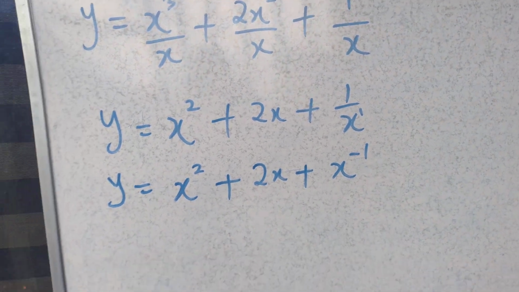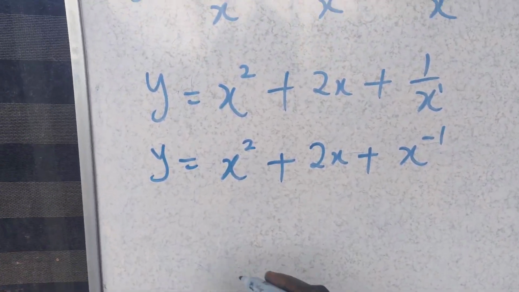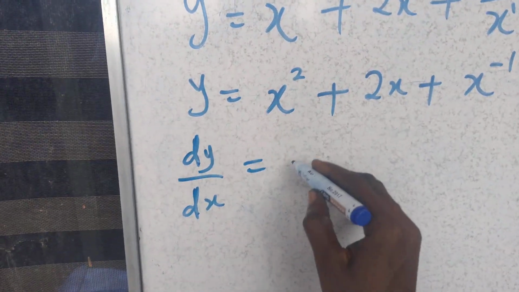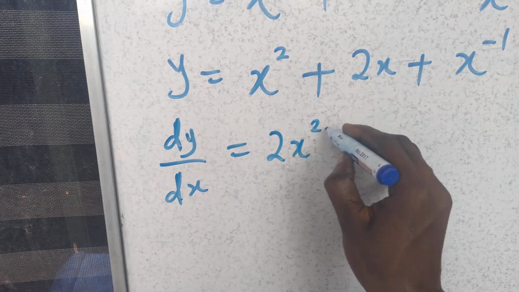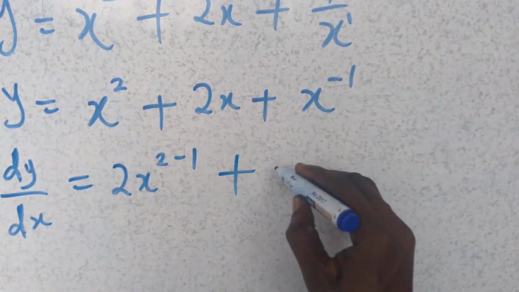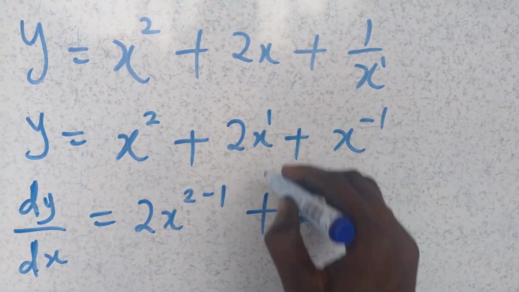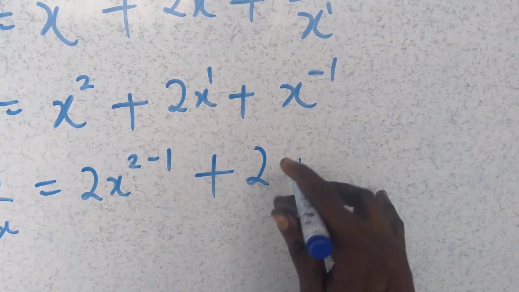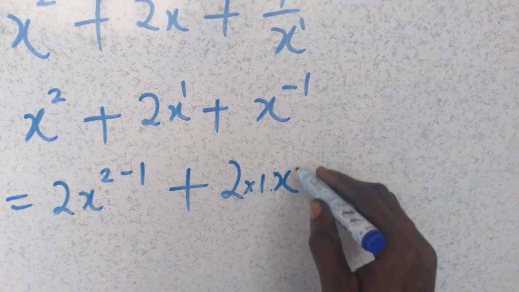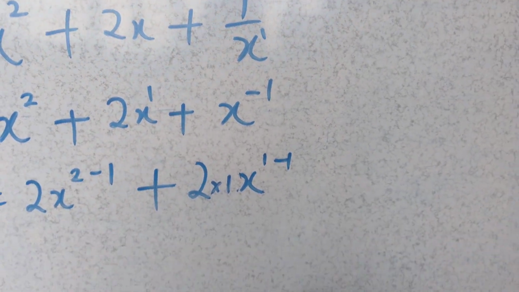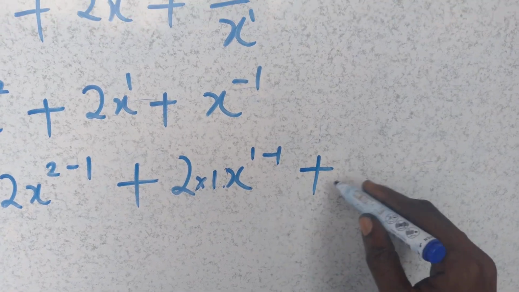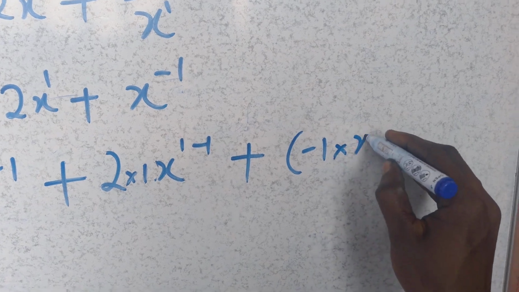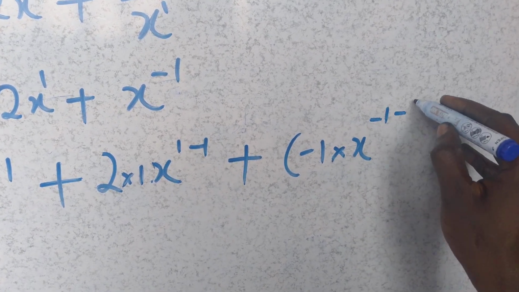So this now is y equals x raised to power 2 plus 2x plus x raised to power minus 1. So dy dx will be equal to, bring down this 2, that is 2x raised to power 2 minus 1, plus 2x is raised to power of 1, that is 2 times 1 x raised to power 1 minus 1. Then plus, bring down the minus 1, that's minus 1 times x raised to power minus 1 minus 1.